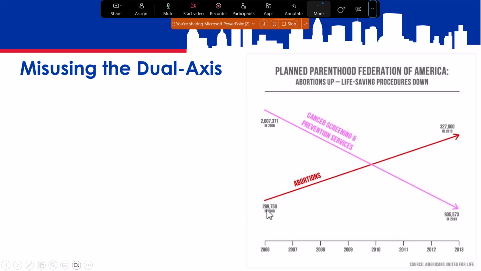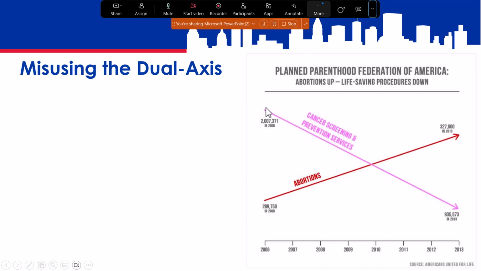And then the number of abortions given starts in the 100,000s. So right off the bat, these are not even given in the same value. You can't have two things, one in millions and one in 100,000s. That should be accounted for. And then there isn't a y-axis here, so these need to be in the same numeric value.